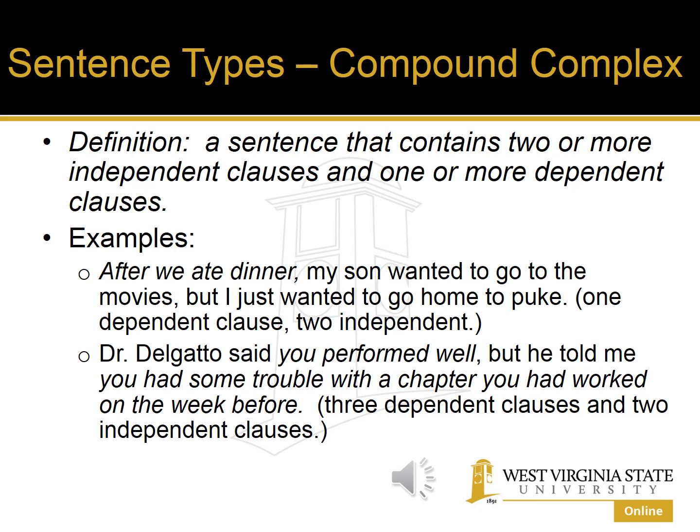The object of told is another relative clause. You had some trouble with a chapter. You had some trouble with a chapter is another relative clause where the that is missing. So we could rewrite the sentence to say, but he told me that you had some trouble with a chapter.